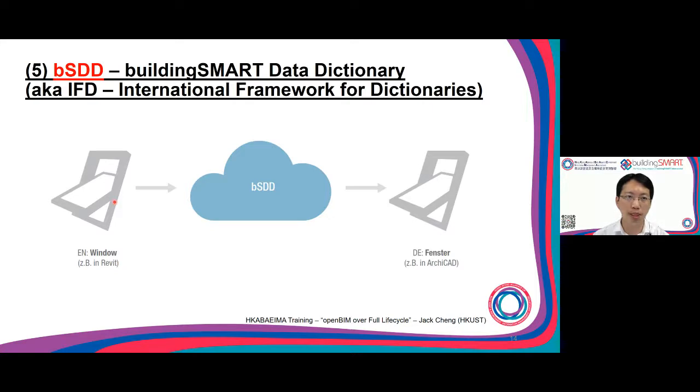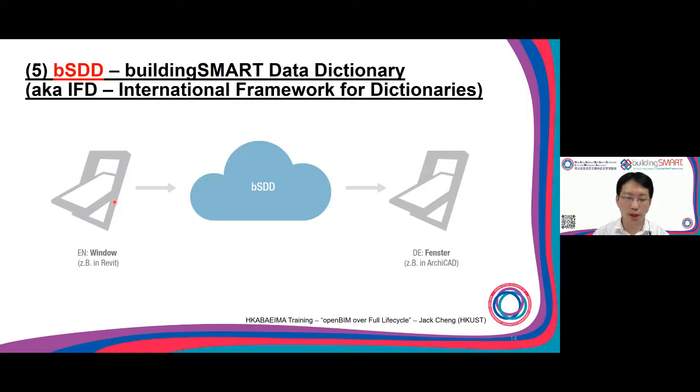The fifth one is bSDD. bSDD is buildingSMART Data Dictionary. This one basically is the list of terminology, the data dictionary, where we try to capture all the terminology.